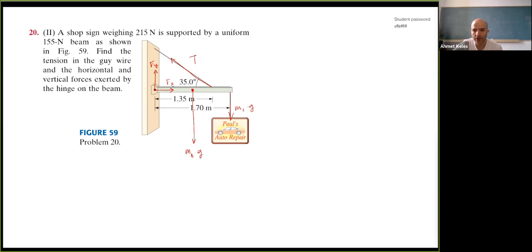Then the total torque is 0. I think I can calculate it with respect to any point, but maybe I can start with this point. I can calculate the torque with respect to this point and see what happens. So the total torque is 0. Then, okay, I can call this distance, this is L over 2, this is L over 2.